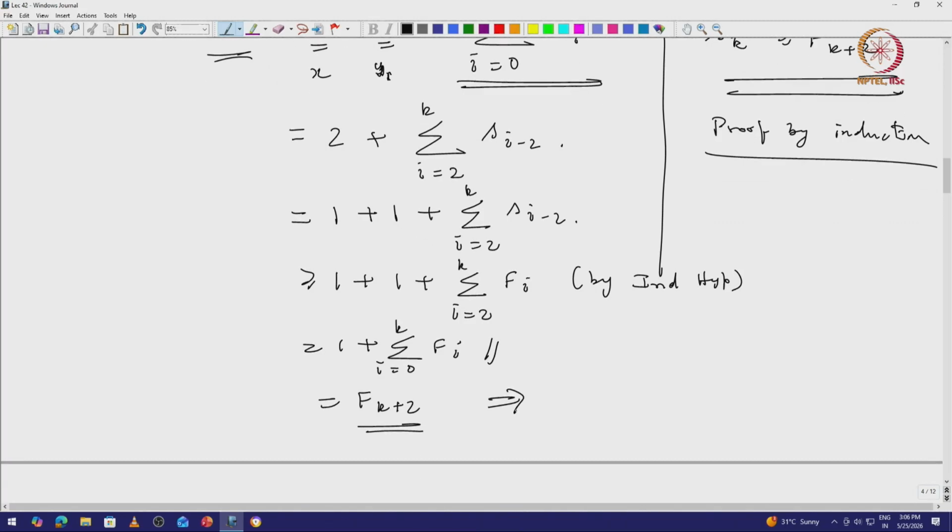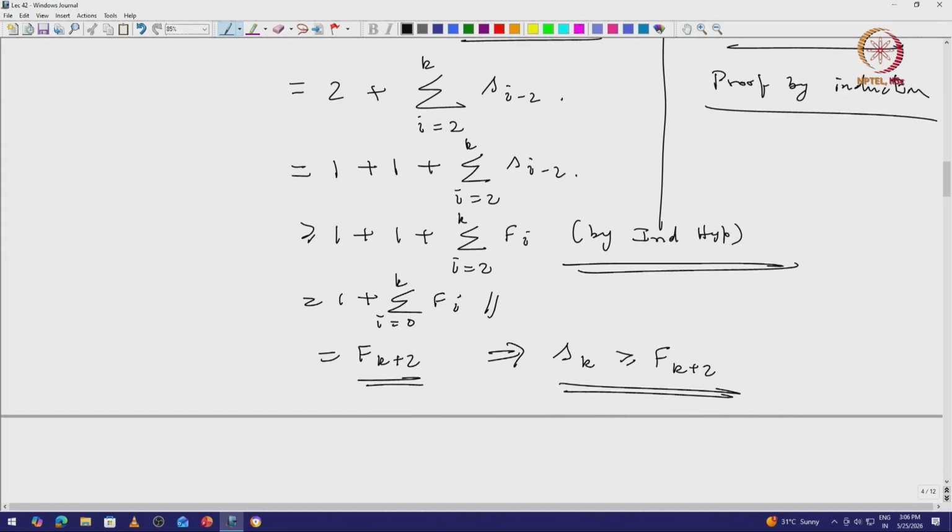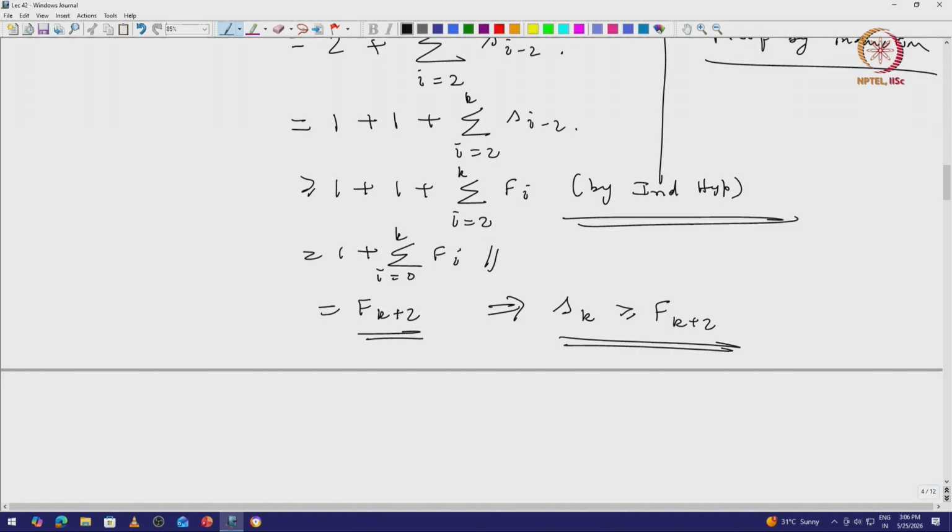Which implies Sk is greater than or equal to F(k+2). We assumed this and we have proved this by induction. Therefore, this is a straightforward proof again.